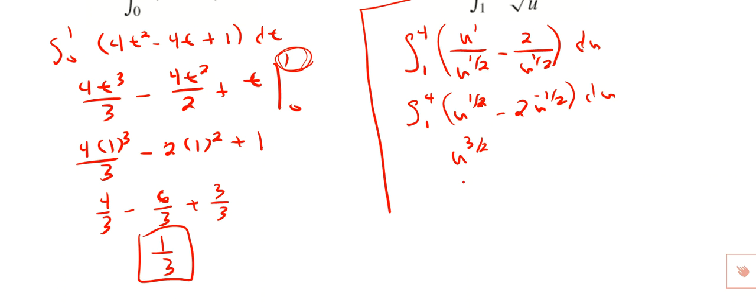And if we divide by 3 over 2, that's the same thing as multiplying by the reciprocal of 2/3. And then here, if we add 1 to the exponent, that will give us u to the 1/2. And if we divide by 1/2, again, that's the same thing as multiplying by 2, and 2 times 2 is 4. Evaluating from 1 to 4.